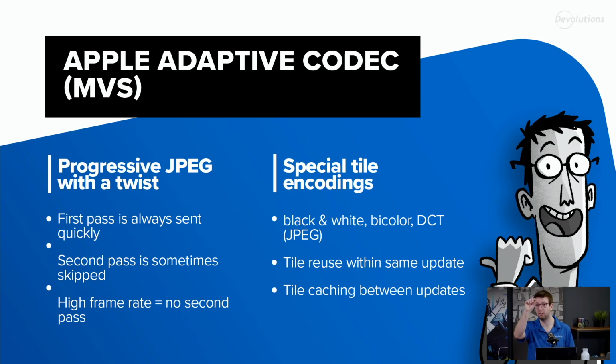But if you have a lot of repetition in your screen, for instance, all the same color or all the same pattern, it will just encode it as reuse that same tile from the previous tile or elsewhere on the screen. So it does some sort of tile caching in this case, which is very efficient for remote desktop, because in remote desktop, you have a lot of computer-generated images, like applications with lots of repetition, which you wouldn't see in a video, for instance.